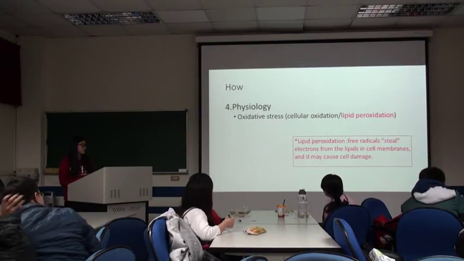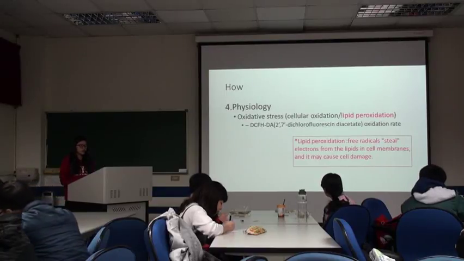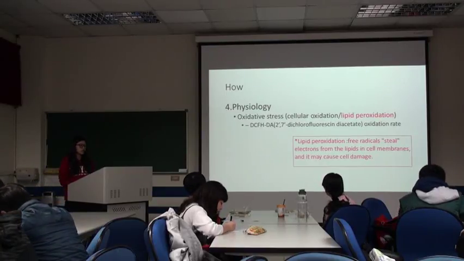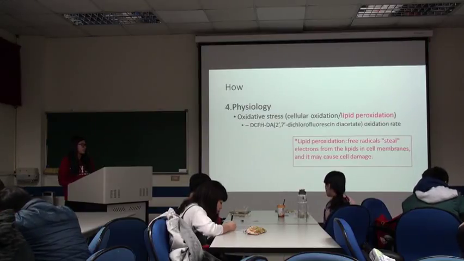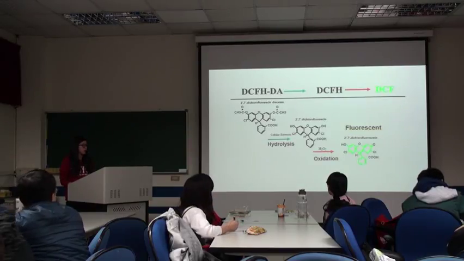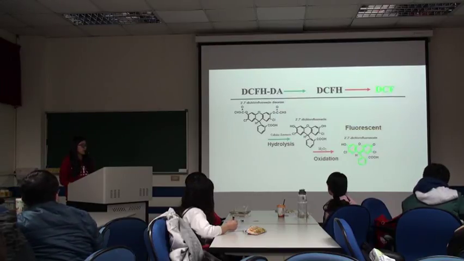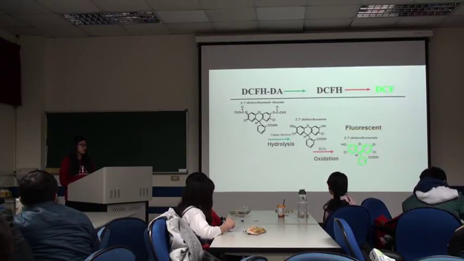In the case of cellular oxidation, we measure dichlorofluorescin diacetate, DCFH-DA oxidation rate. Because when DCFH-DA enters the cell, it will be hydrolyzed and rapidly oxidized to become DCF, which is a highly fluorescent compound, so that we can trace the oxidation rate easily.